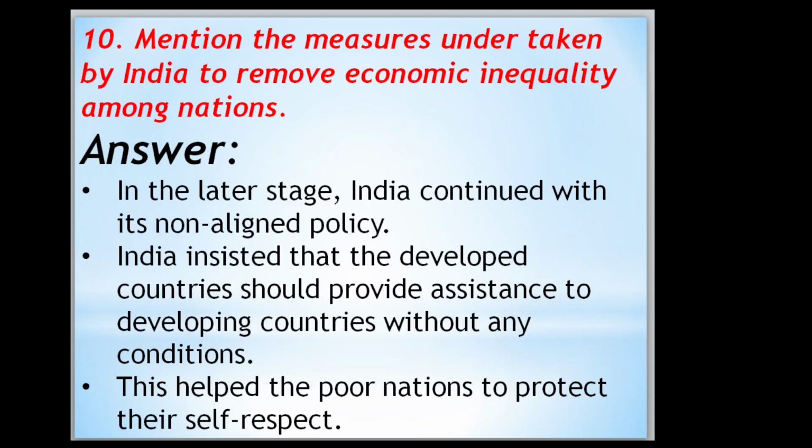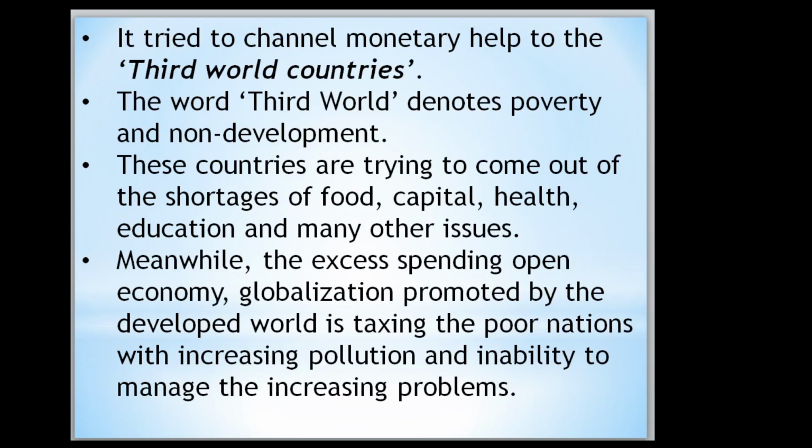Mention the measures undertaken by India to remove economic inequality among nations. Answer. First point, in the later stage, India continued with its non-aligned policy. India insisted that the developed countries should provide assistance to the developing countries without any condition. This helped the poor nations to protect their self-respect. It tried to channel monetary help to the third world countries.